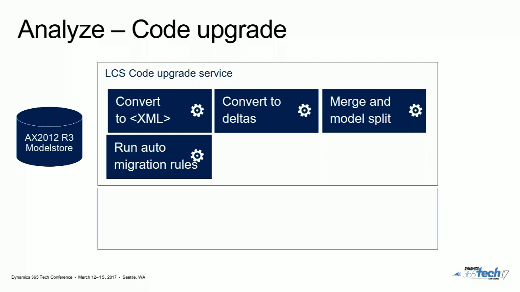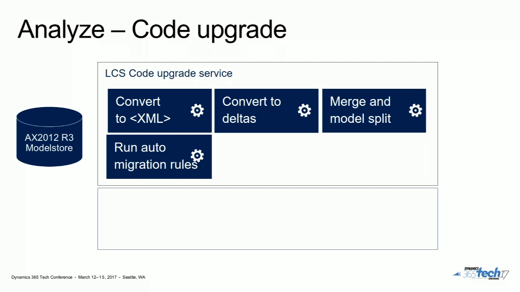It also runs auto-migration rules. Now again, I talked about how we're trying to go the non-contentious route. So it's not aggressive in what it will automagically try to correct. It will correct the things it definitely can be sure won't be a problem if it changes them. It doesn't want to start changing code and making it worse than it was in the first place, for obvious reasons.